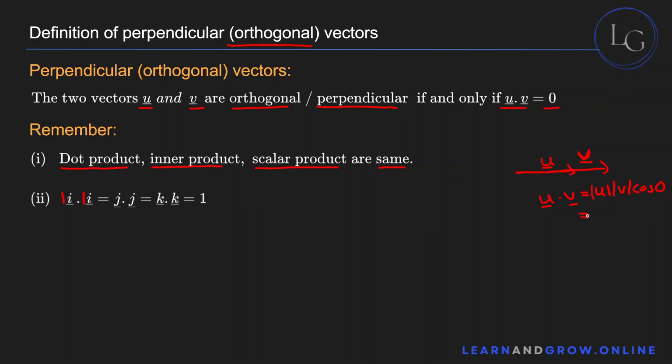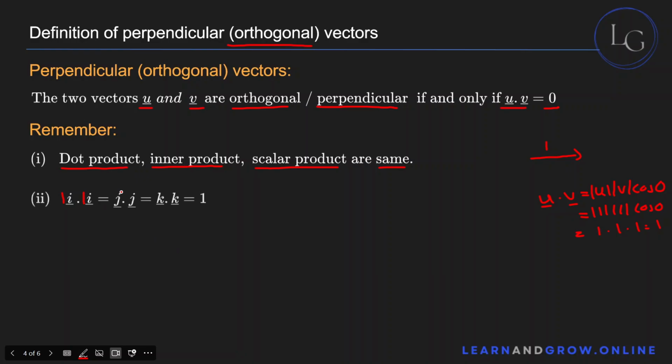In this case, it says i into i, which means 1 on the x-axis and 1 on the x-axis. When taking the dot product, their magnitude is also the same. So 1i into 1i, the same vector of magnitude 1 taking a dot product with itself, is equal to 1 into 1 into cos 0, which is 1 into 1 into 1, equal to 1.